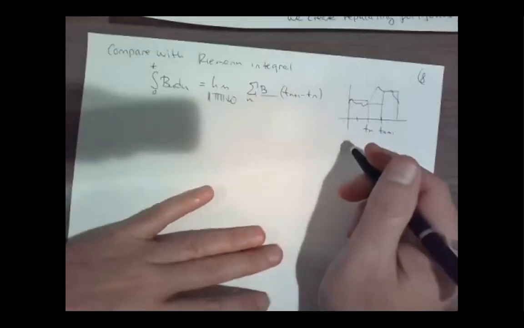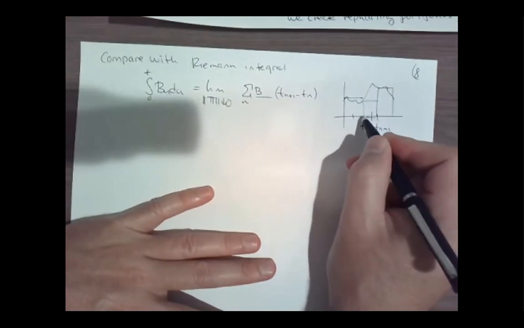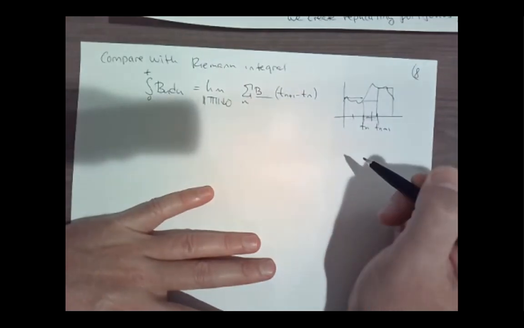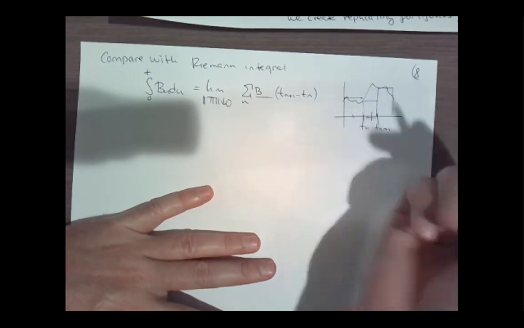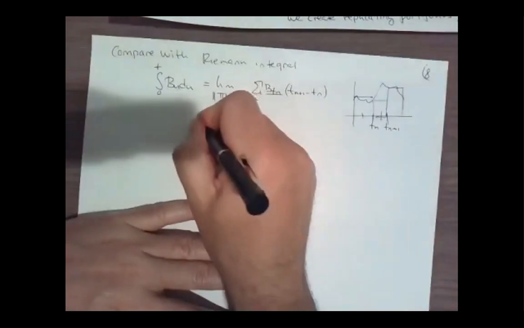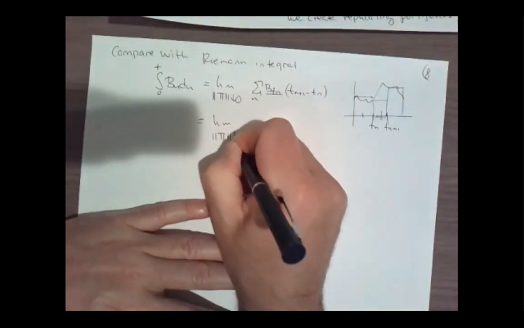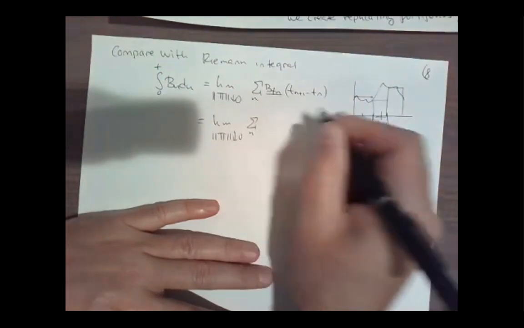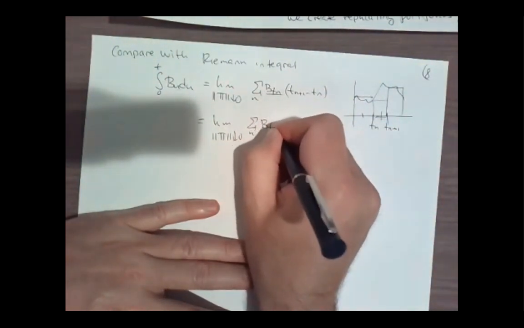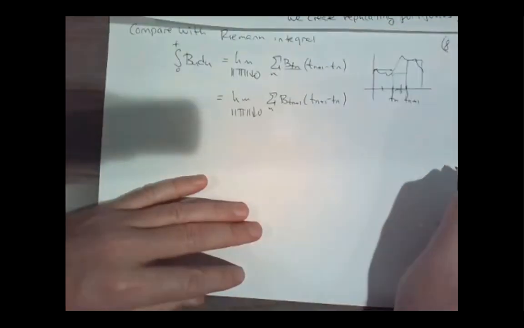So what I'm saying is that you could choose anything you want here. You could choose the middle one, the left one, or the right one. So for example, I could choose the left one up here, or the right one. It doesn't matter because you're taking a limit, right? As they get smaller and smaller.